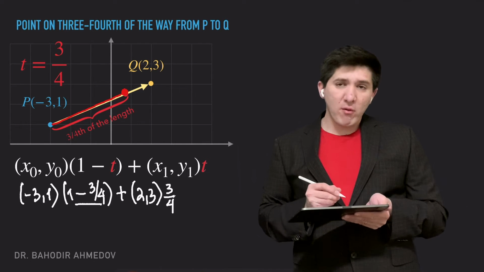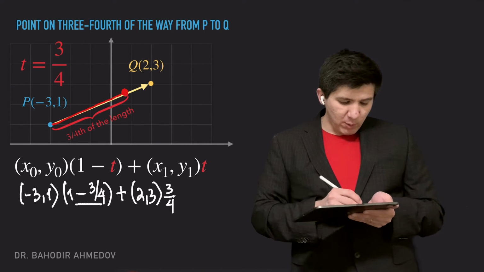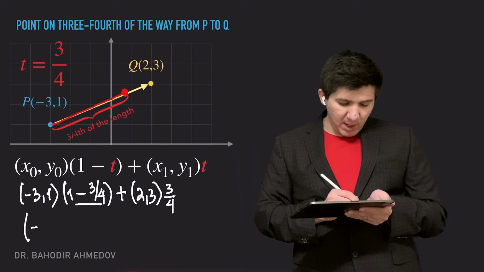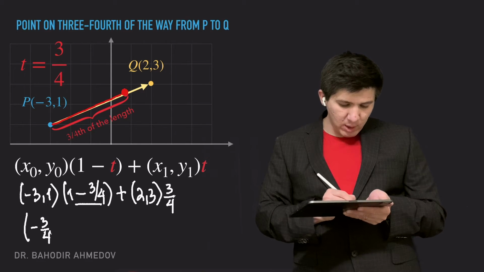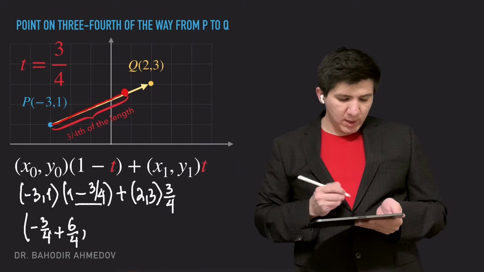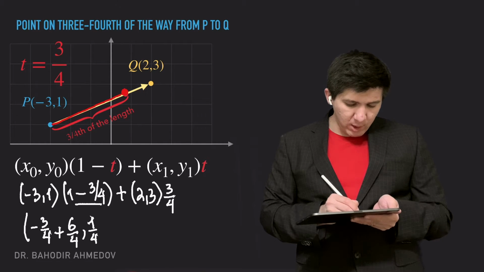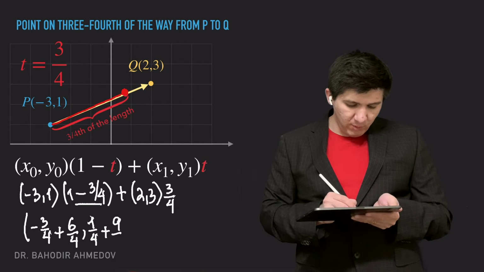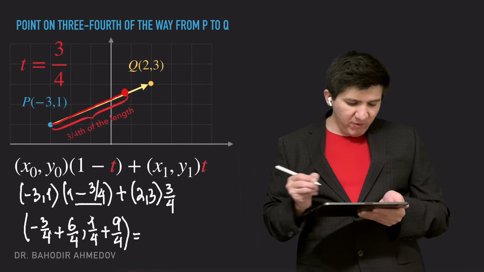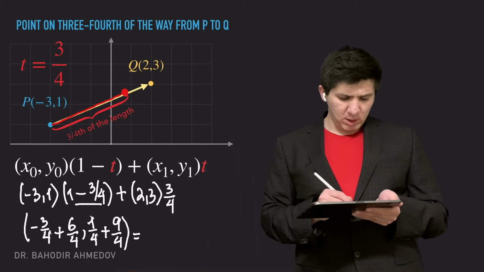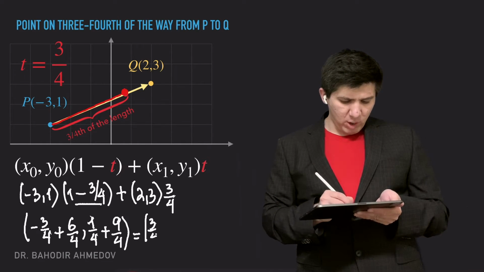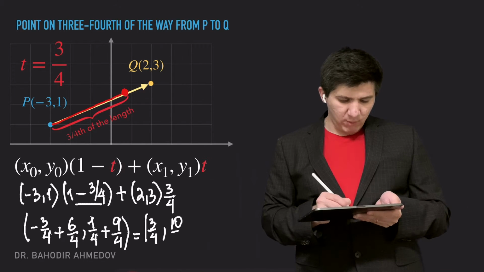Now I'm going to multiply. 1 minus 3/4 is 1/4. So 1/4 times -3 is -3/4, plus 6/4. Now I multiply 1 by 1/4, which is 1/4, plus 9/4. If you simplify everything, what you get is 3/4 and 10/4.